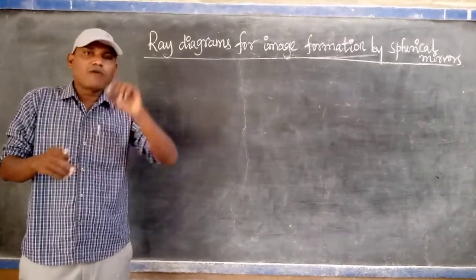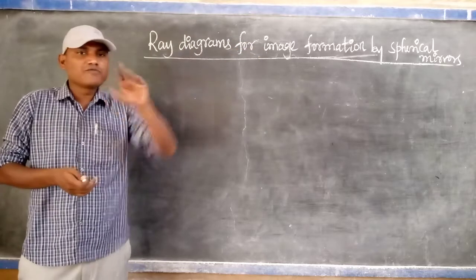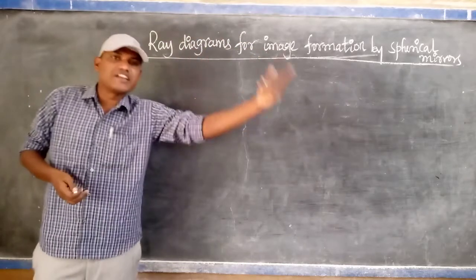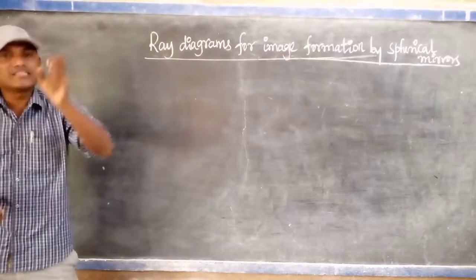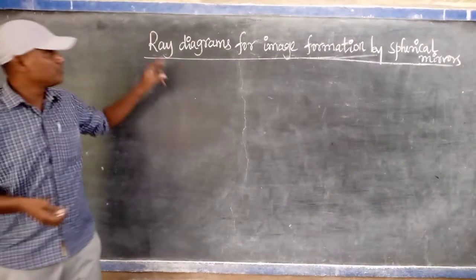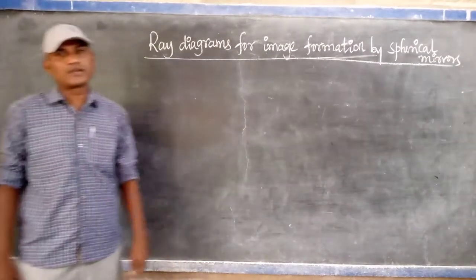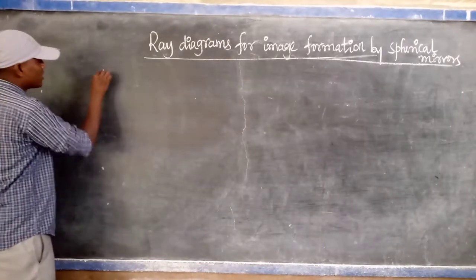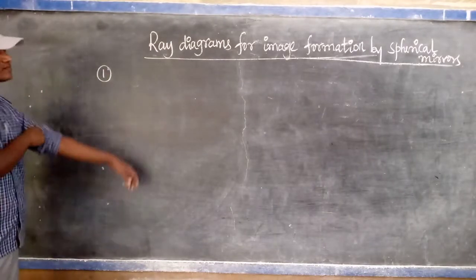At that time, where the image will be formed and what its nature is, you can easily find out when you know the ray diagrams concept. Okay, first one under this discussion.